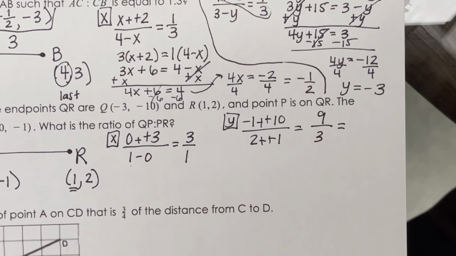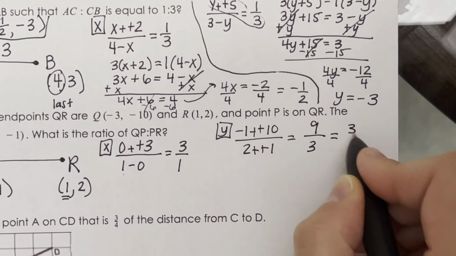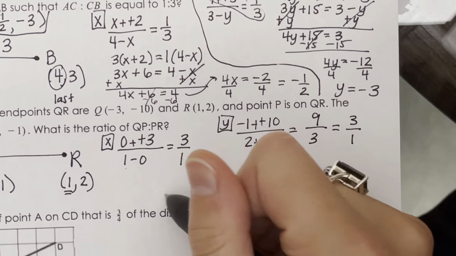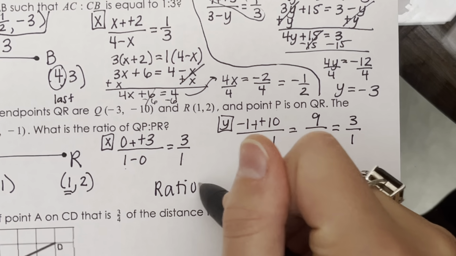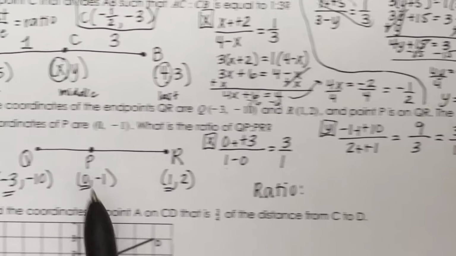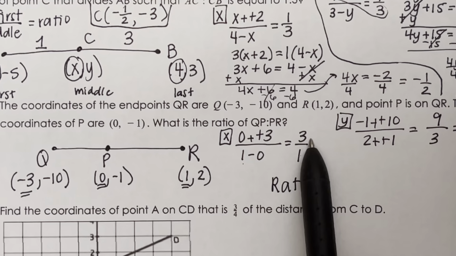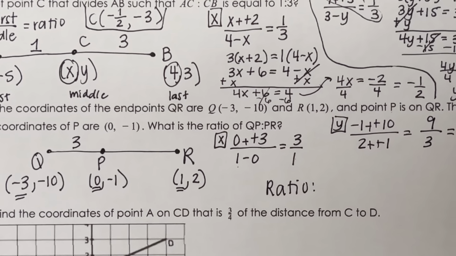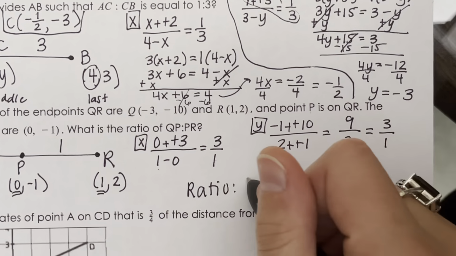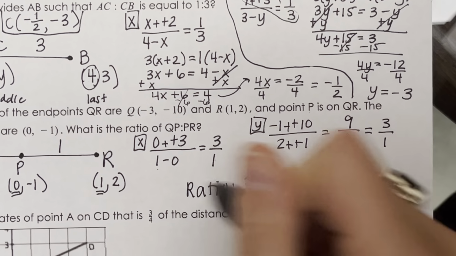So it's 9 over 3, which I can reduce to 3 over 1. So my ratio of QP, that is the first part, is 3. My second piece is 1, so my ratio is 3 to 1.